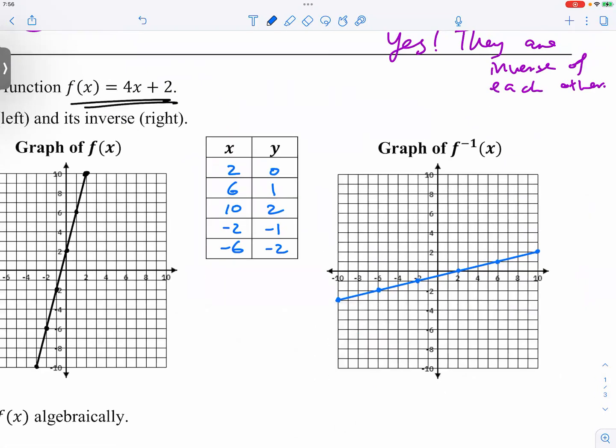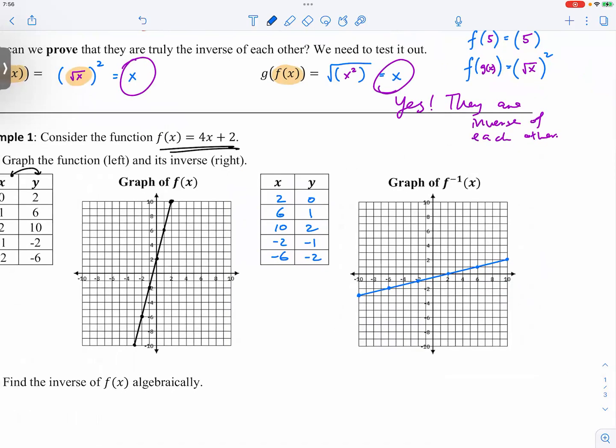So basically your new x values are your previous y values. Your new y values are your previous x values. So that's why the graph looks something like this.